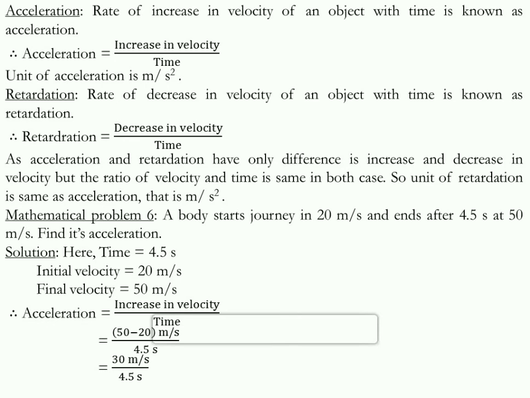So 50 minus 20, that should be the difference, divided by time, that means 4.5 seconds. So 50 minus 20 becomes 30 divided by 4.5 seconds. Now 30 divided by 4.5 becomes 6.667 meter per second square. So that is the acceleration of that body.